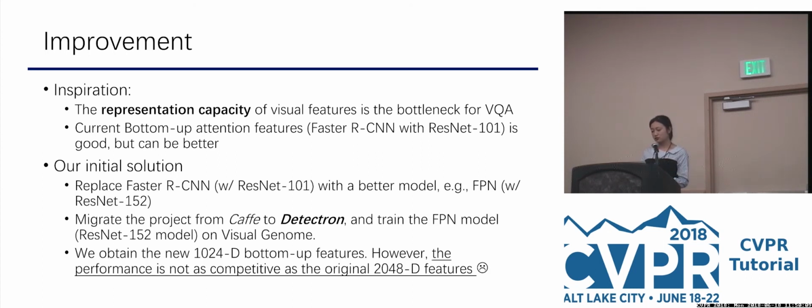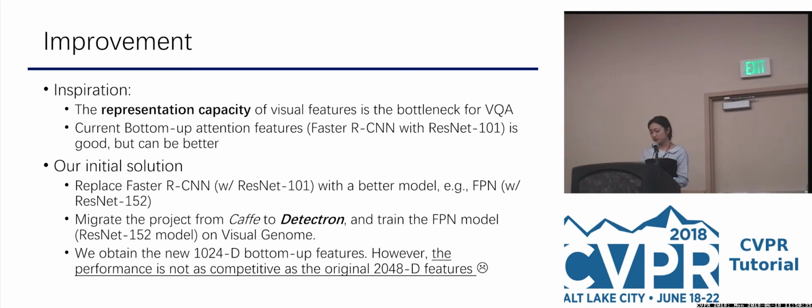In our initial solution, we have a simple idea to replace the Fast RCNN model with another stronger detection model, for example, FPN with ResNet 152. To accomplish this, we migrate the original Caffe project to Detectron project and train on FPN with ResNet 152 model on Visual Genome dataset.